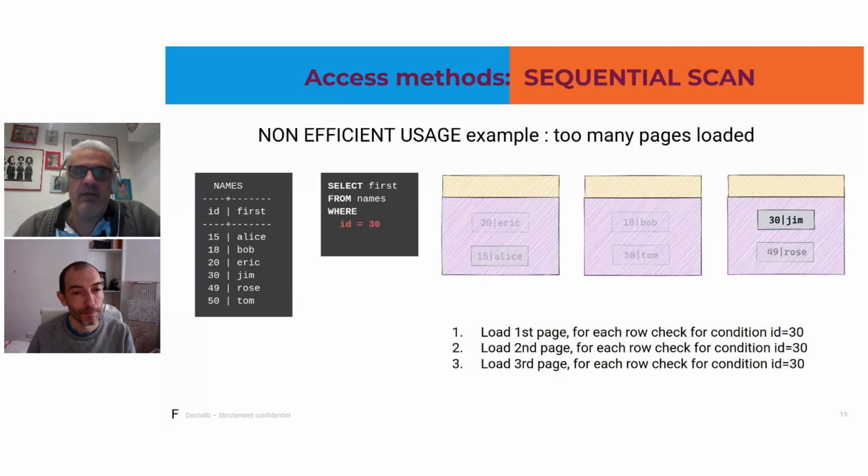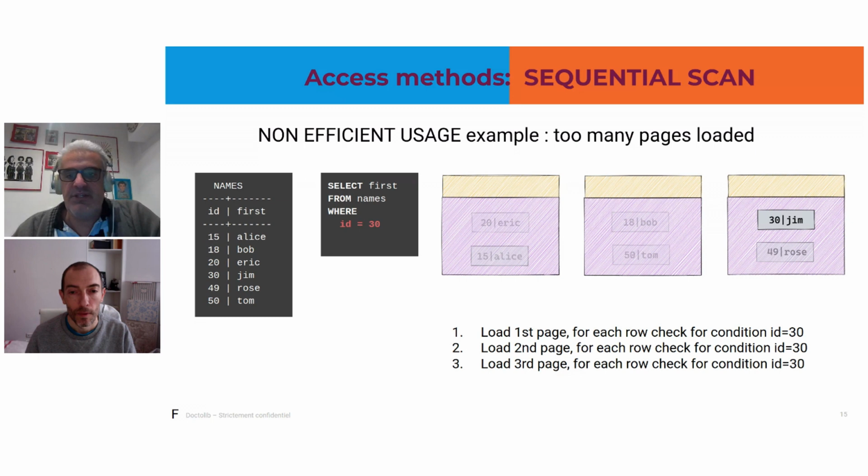When we want just a small part of the table, as in the same query with a where clause where I put ID equals 30, it will return, as we can see in this simple example, just 1 row.